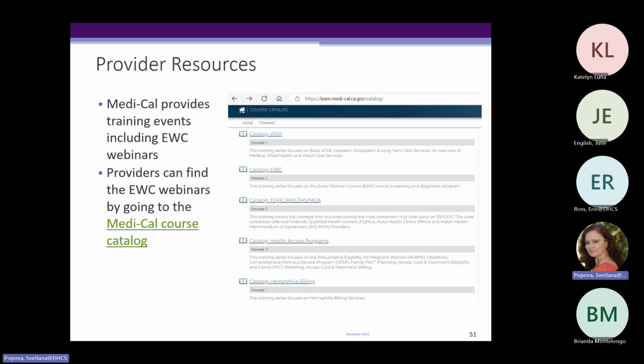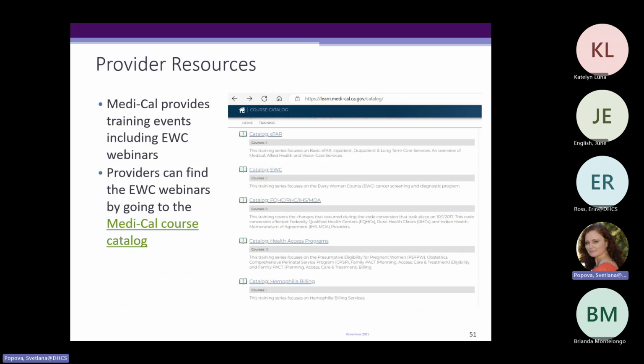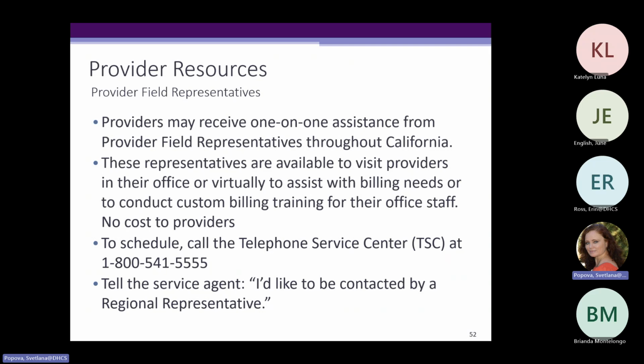But if you look at this catalog, when you go to this page for the medical learning portal, you will be able to find the training series. I'm going to show you right here. And this training series would be about EWC. So, when you click on that, you will be able to see a calendar of when those trainings are available online.